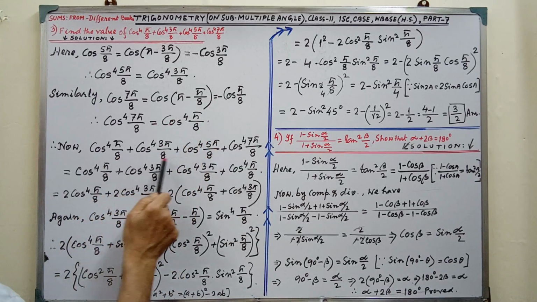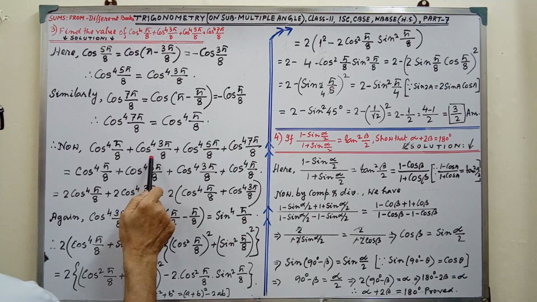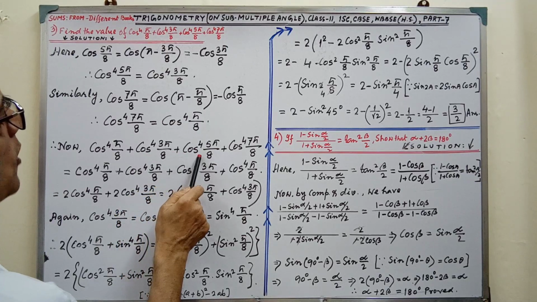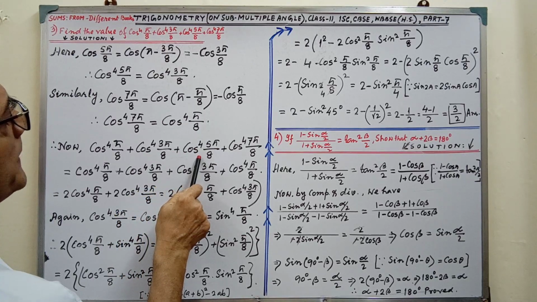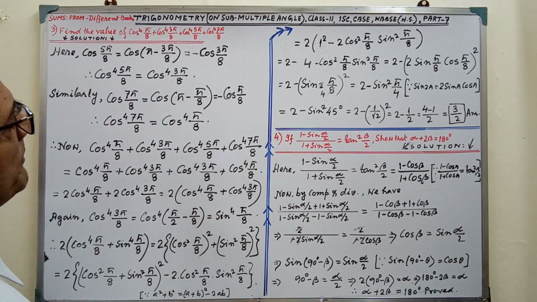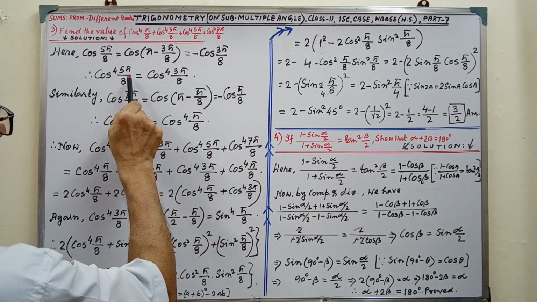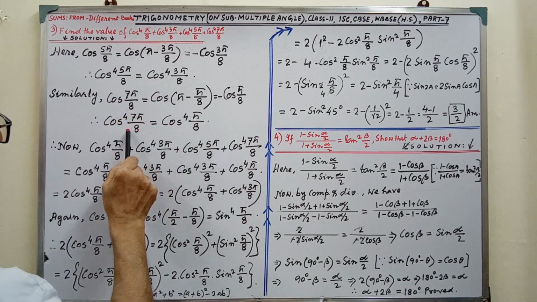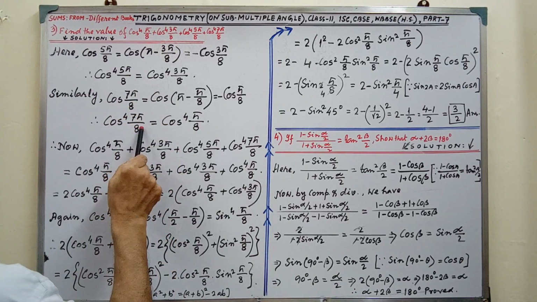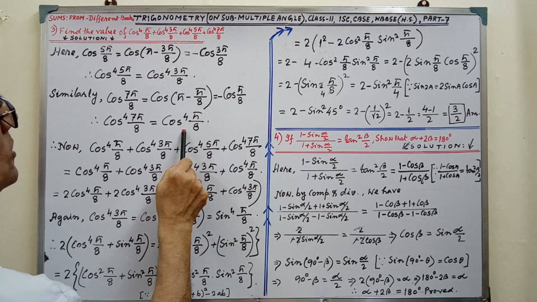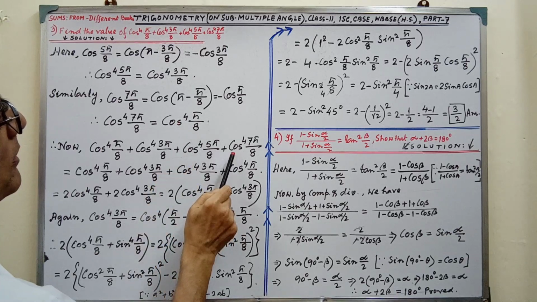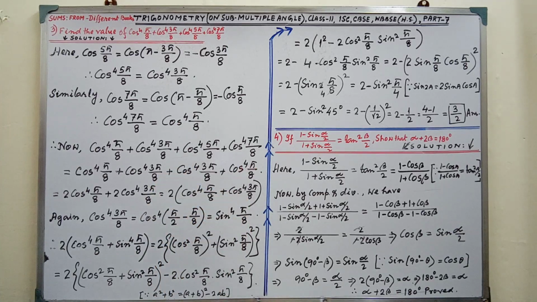Now writing this, in place of cos to the power 4 5 pi by 8 we are writing the value of this, and cos to the power 4 7 pi by 8, here we are writing cos to the power 4 pi by 8.